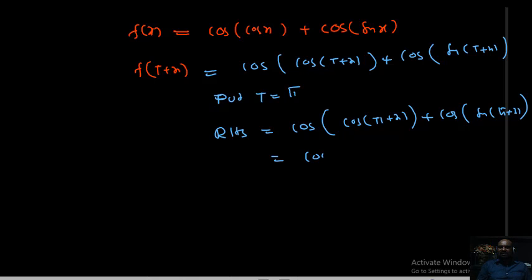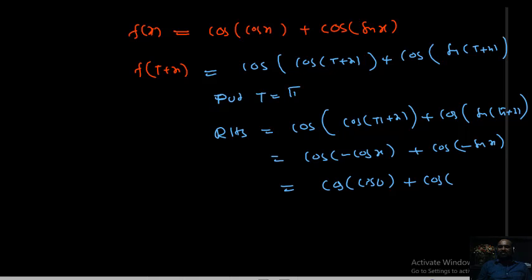So this is cos of 180 plus theta, minus cos theta, so cos x, plus cos of sin of 180 plus theta, minus sin theta, sin x. Cos of minus theta is cos theta only, that's why we get cos of cos x plus cos of sin x. So this is nothing but f of x.